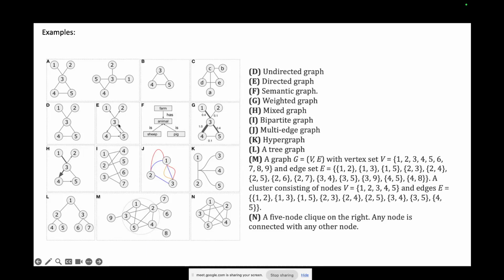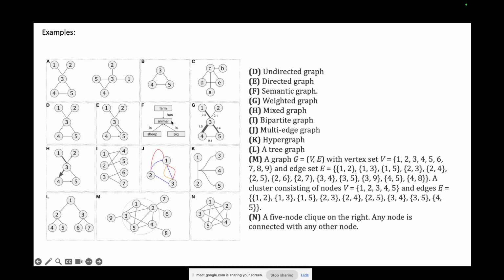And there is one incoming edge into node 3, which is from node 5. So when there is a directionality involved with the edges associated with the nodes, we call them directed graphs. So now let's skip semantic graph.